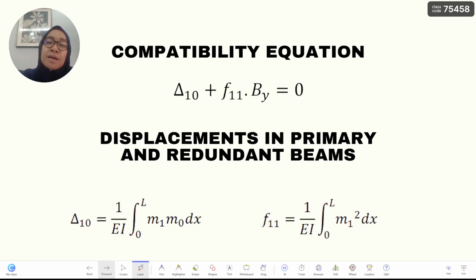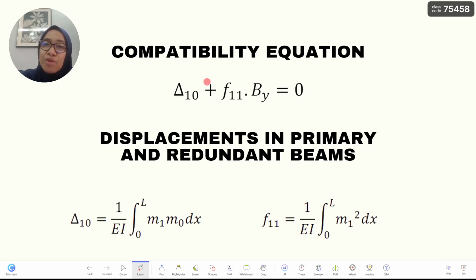Delta 1 naught is displacement in the primary system, the primary beam. F11 is displacement in the redundant beam. How do we identify this? The naught symbol represents the primary system, the primary structure. F11 belongs to the redundant structure.